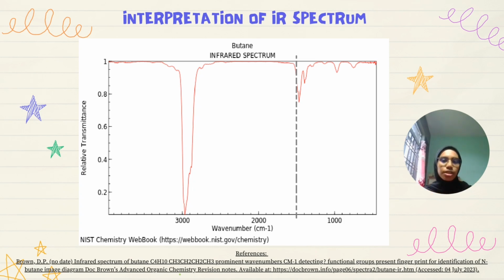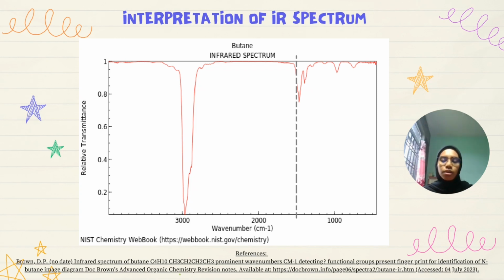So the first thing we do before interpreting the IR spectrum is that we divide this part. There is a line at the wave number 1500.